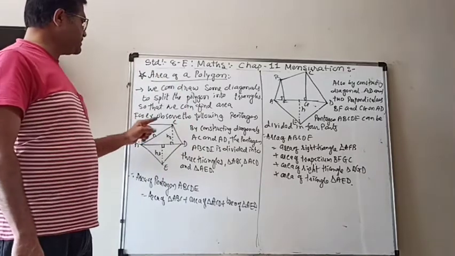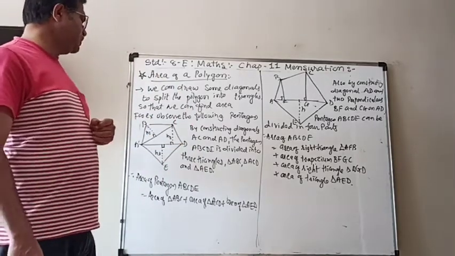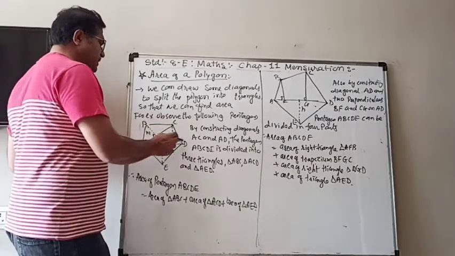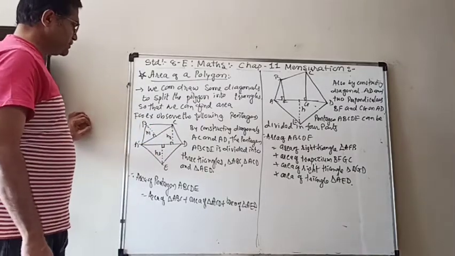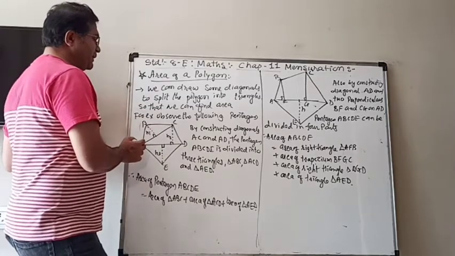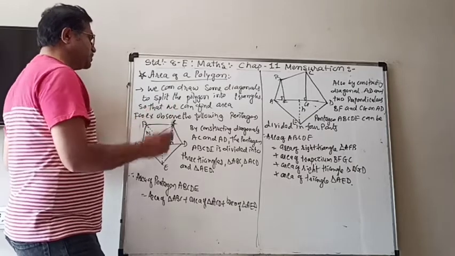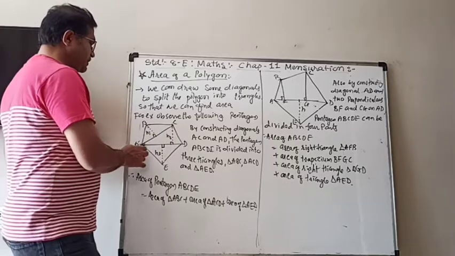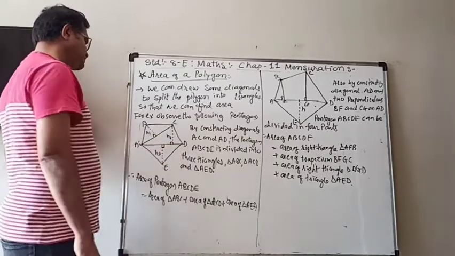Here ABCDE is a pentagon. Now in this pentagon, when we construct two diagonals, say AC and AD, then you can see that by drawing those two diagonals, the pentagon ABCDE is divided into three triangles: triangle ABC, triangle ACD, and triangle AED.